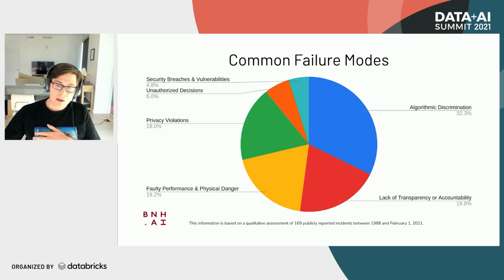So most common kind of failure, sadly, algorithmic discrimination, followed by those kind of lack of transparency or accountability type failures that we discussed with the gentleman who was kept in prison for too long. We've seen a lot of silly performance errors, and we've seen some dangerous ones that actually hurt people. The Uber incident probably being the most noteworthy, but definitely others as well.